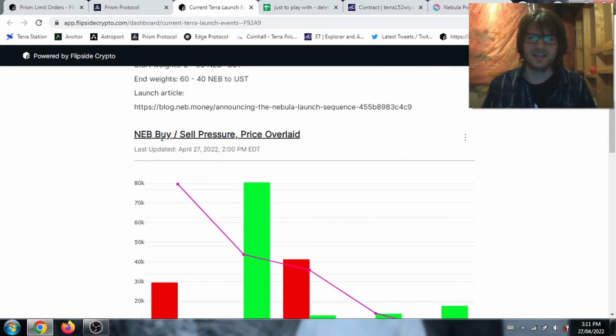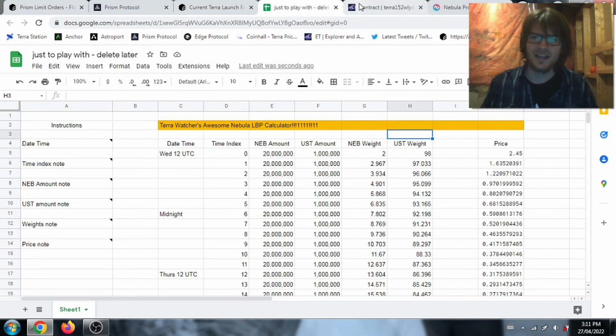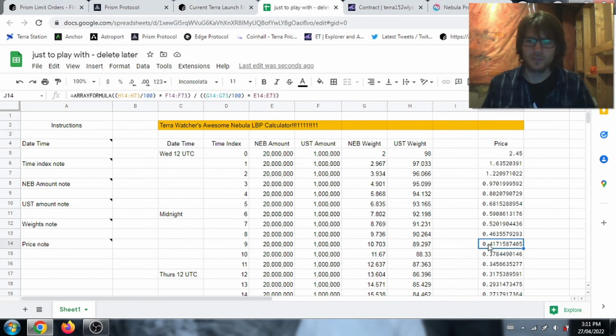I'm taking a look at this dashboard. I'm monitoring the data, and I know roughly when I want to get in. I'm not quite sure yet, but let's just say you wanted to get in at 40 cents. So you would go right here. You just pick 40 cents right here, and then you would calculate the time, right? Because these are 2-hour intervals, right? So you could calculate what time the price of Neb will be arriving at 40 cents, kind of like looking at the train schedule.